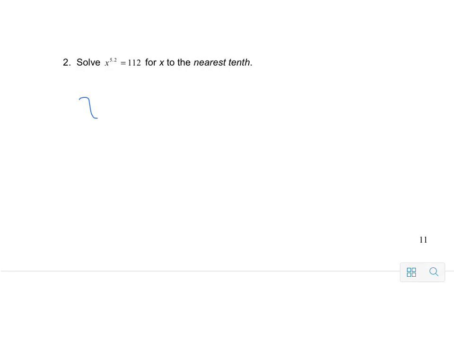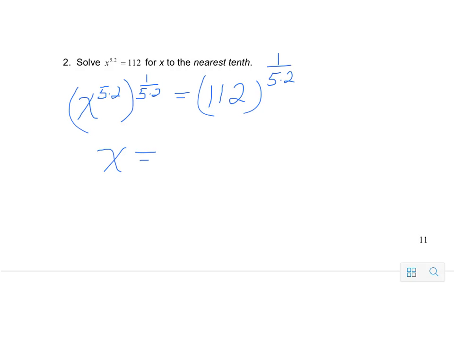I'm going to have x to the 5.2 power raised to the 1 over 5.2 equals 112 raised to the 1 over 5.2. 5.2 raised to the 1 over 5.2 is 1. x to the first is x. 112 raised to the 1 over 5.2. So you're going to put in your calculator 112, caret, parentheses 1 divided by 5.2, close parentheses, enter. And hopefully to the nearest tenth, you're going to end up with 2.5. So that was an easy solve.